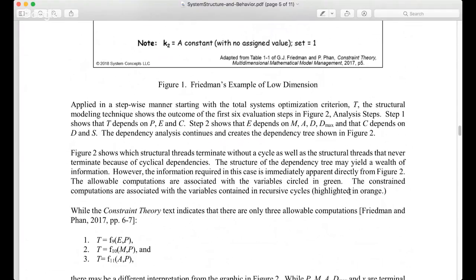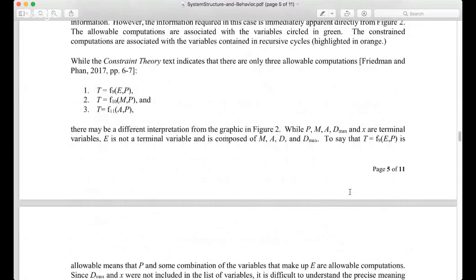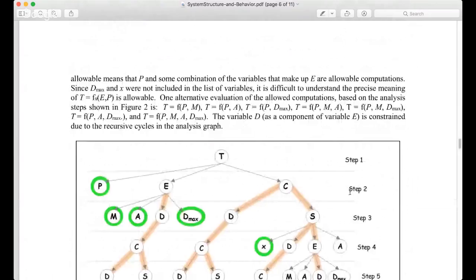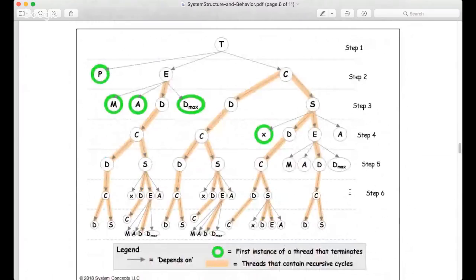And we looked at those, and the dependency tree gives us a wealth of information. What we find here, as shown in this graph, is that the top level metric is directly dependent on P, which is circled in green, and E, but E itself is not primary.